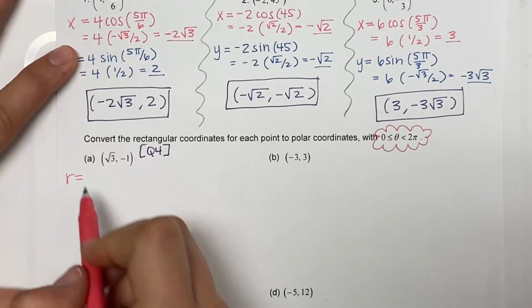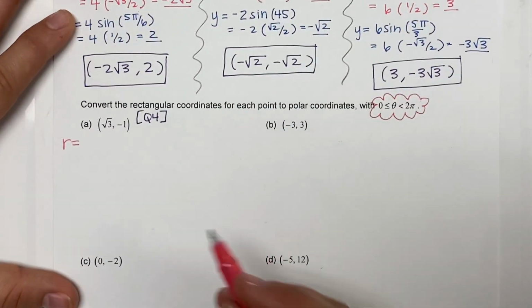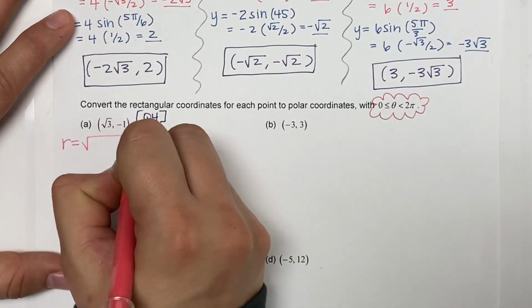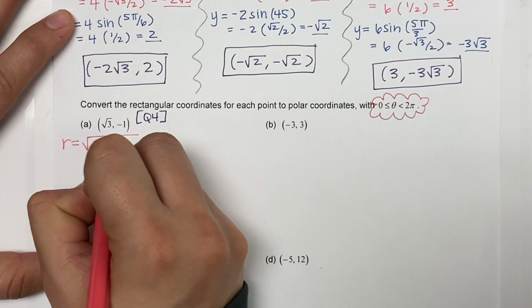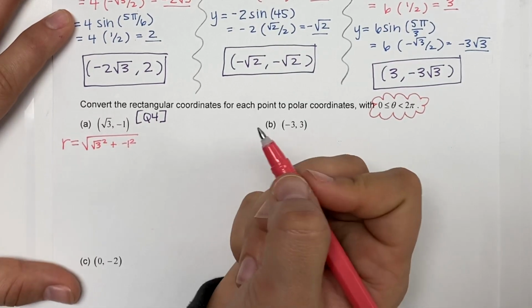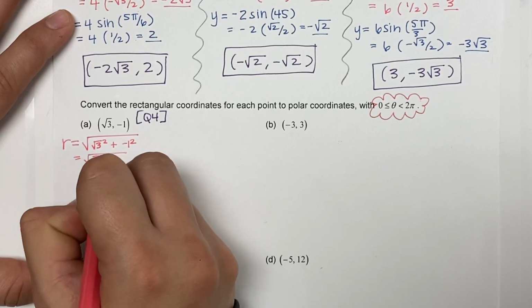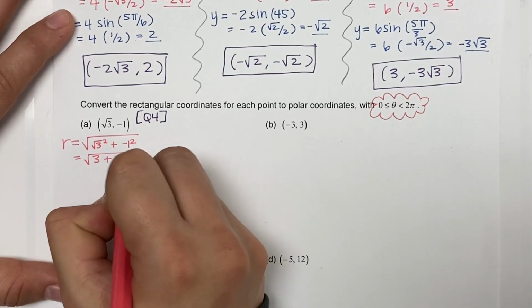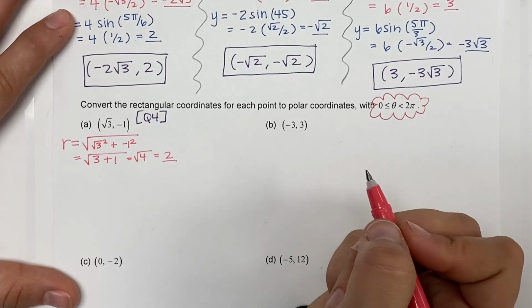So r, we're going back up here and using the square root of x squared plus y squared. So the square root of root 3 squared plus negative 1 squared. Well, root 3 squared is just 3, 1 squared is just 1. The root of 4 is 2. Okay?